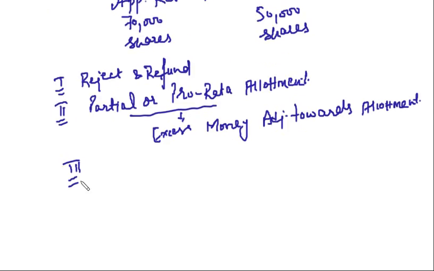Third case was the combination of 1 and 2. That is, to some applicants we allot shares on the pro rata basis, and to some applicants we reject their applications and refund the application money.